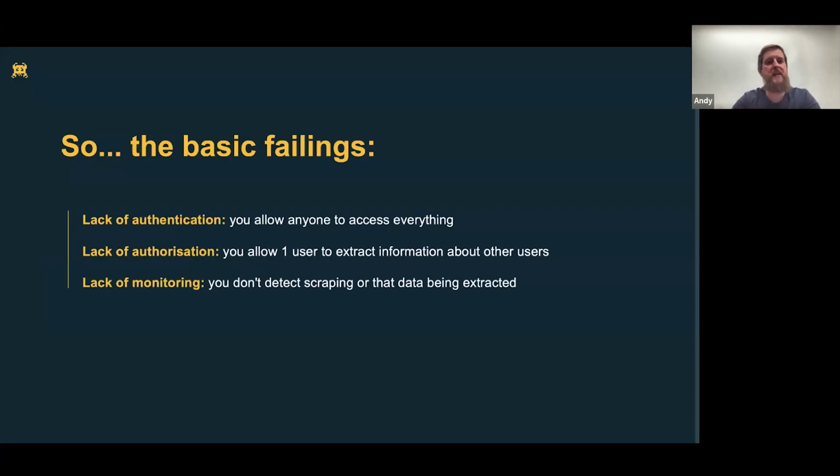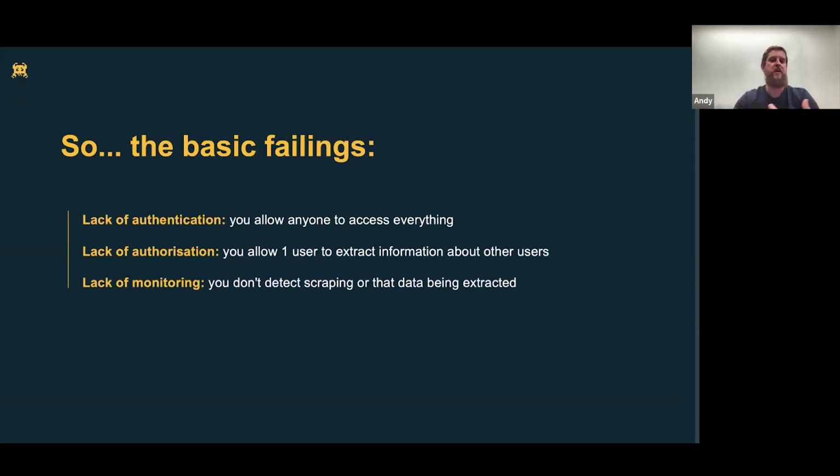So the three basic failings that we've really seen over those four breaches that I talked through: the lack of authentication, allowing anyone to access everything; lack of authorization, allowing one user to extract information from other accounts and get access to functionality they shouldn't be able to access; and a lack of monitoring.